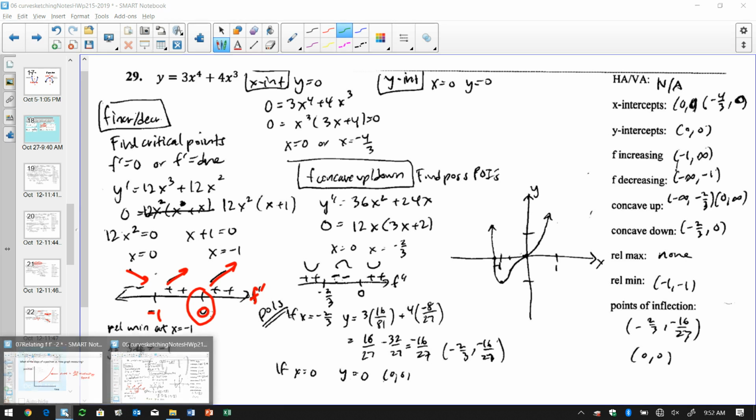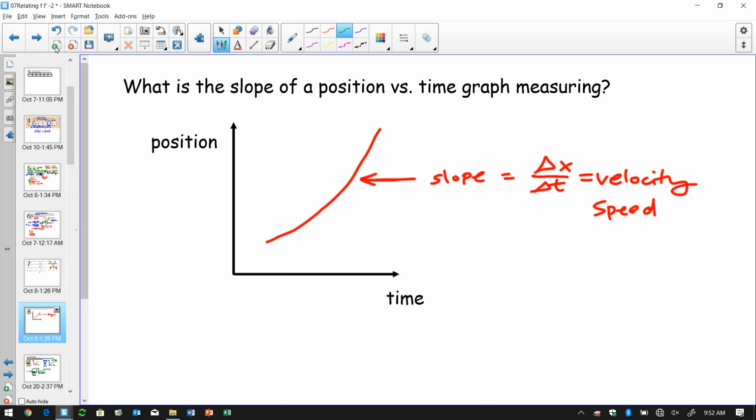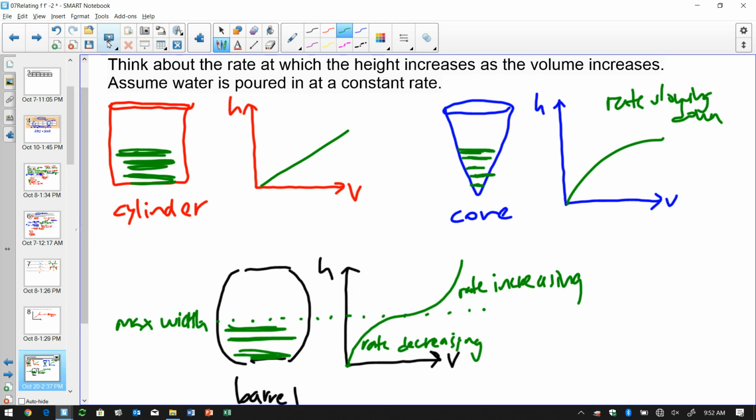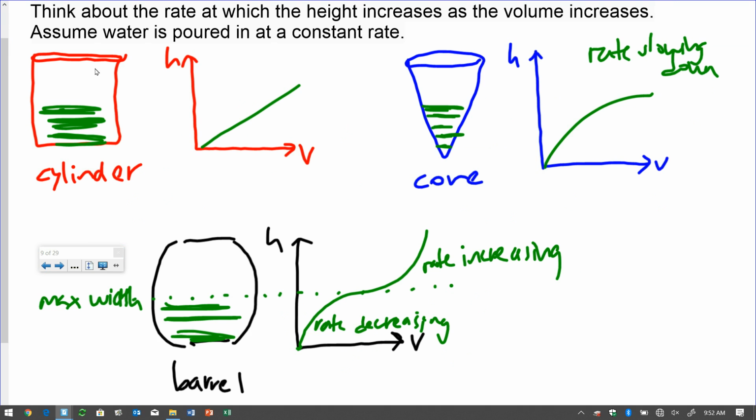Let's go back to calculus containers, and I want you to look at the back of the worksheet that you picked up. These are calculus containers. I'm going to ask you to look at the graphs of H versus V, and more than likely, if this is on the AP test, it's going to be a multiple choice question.